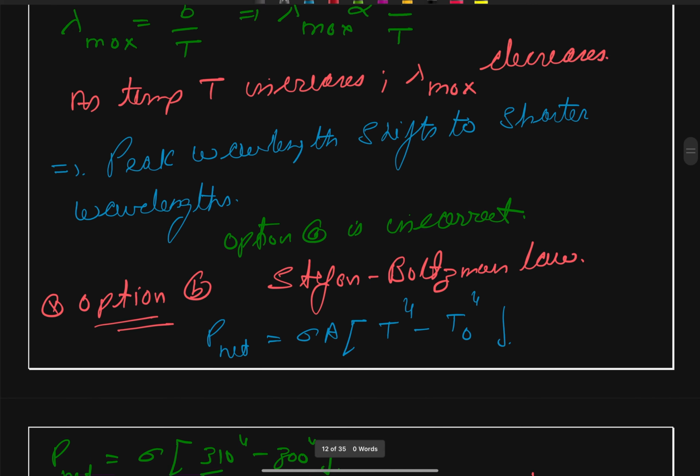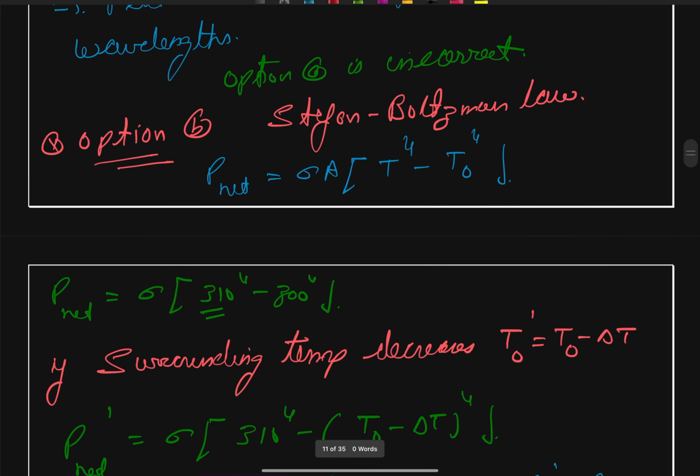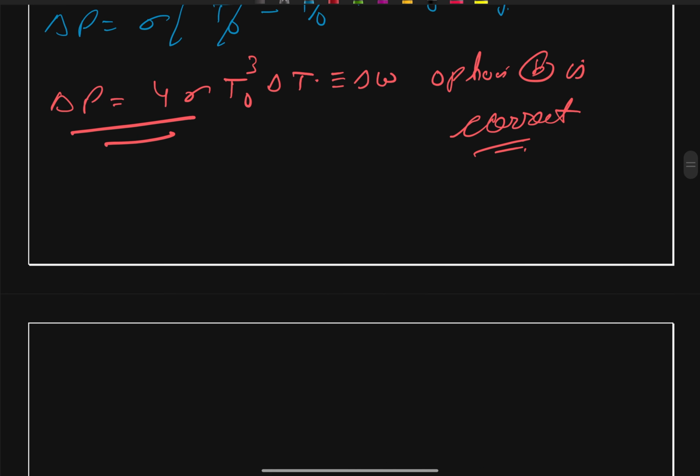Now we come to option C. It states that the amount of energy radiated by the body is close to 60 joules. Now we have to find out simply our energy.